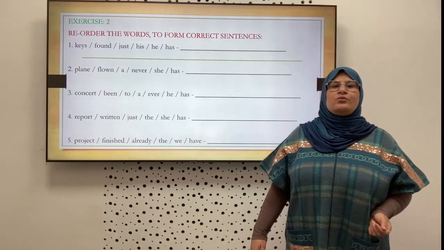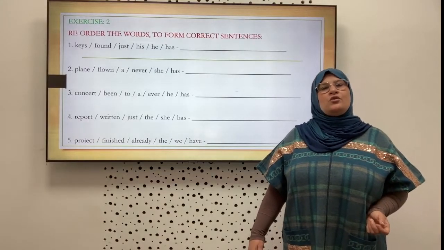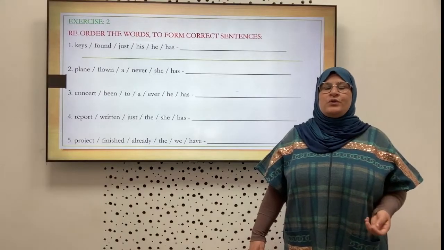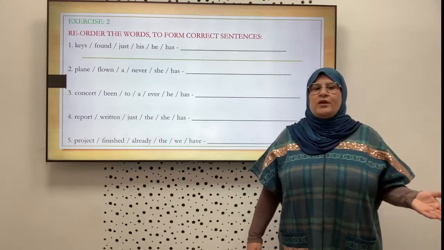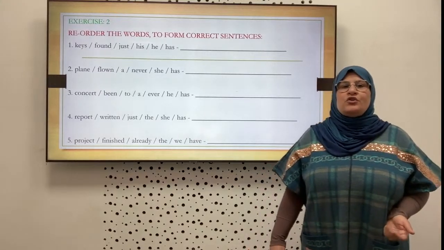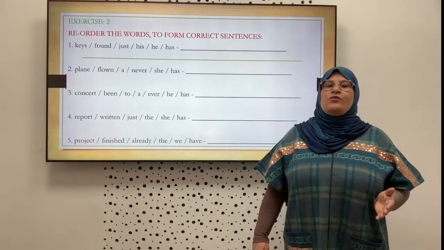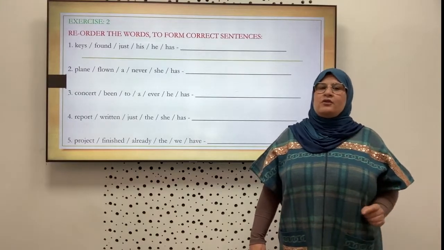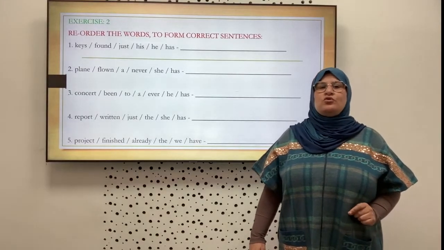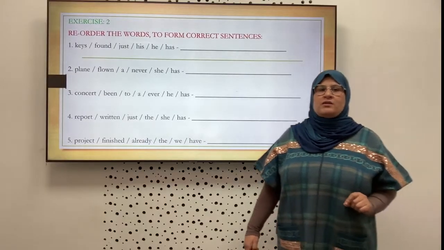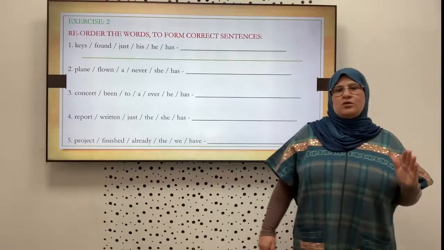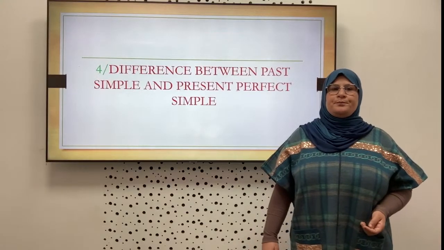Number 5: project, finished, already, the, we and have. Okay, so you can see that normally we have to start with the subject pronoun. So we have already finished the project. I'd like you please to pay attention to the use of adverbs like already and just. They are usually placed between the auxiliary and the verb.